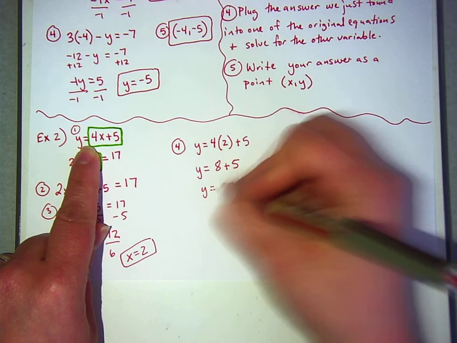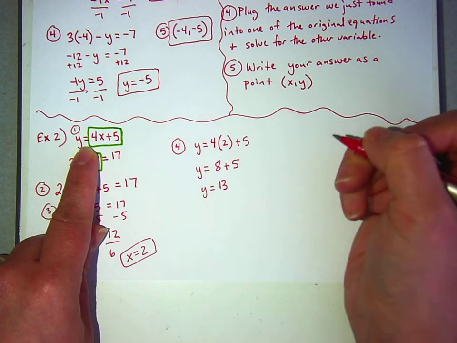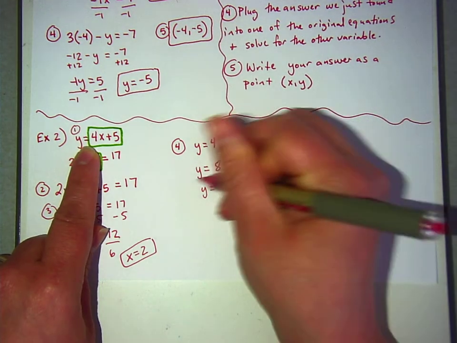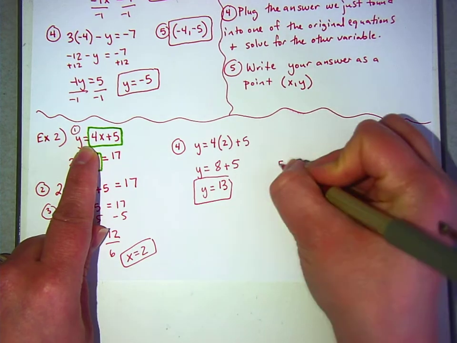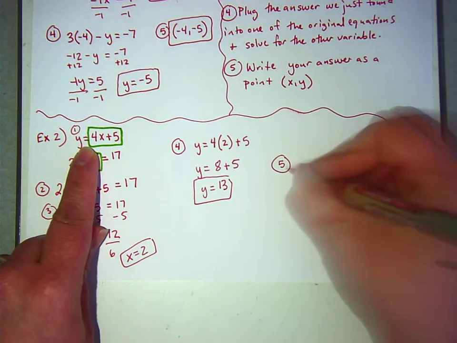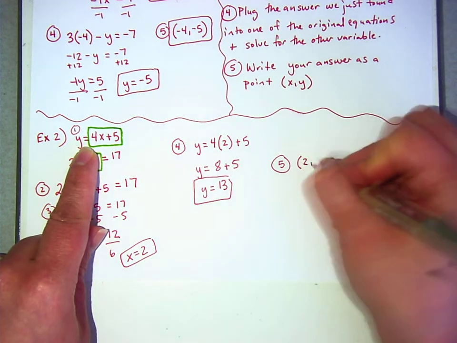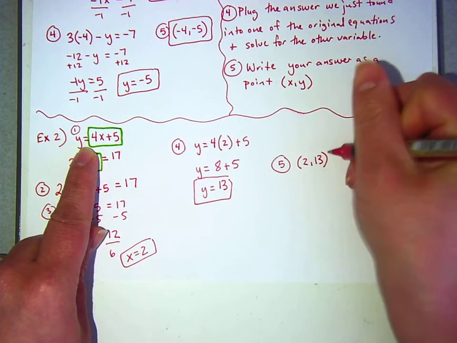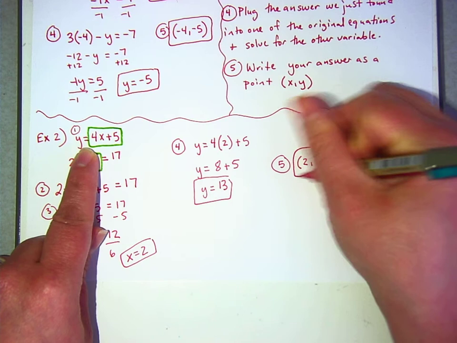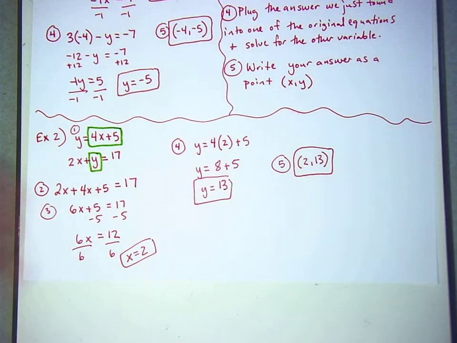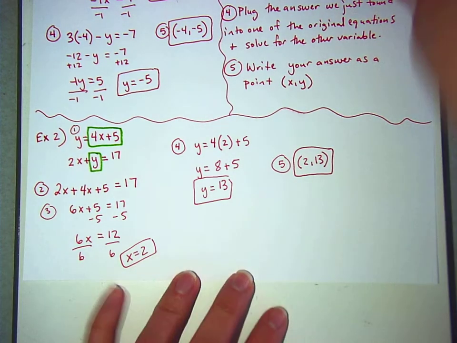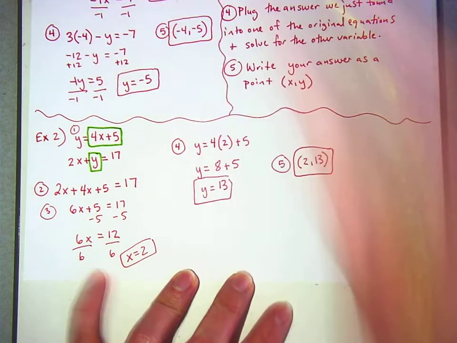Y equals 13. And then what's my final answer? Riley. Good. Why did you put the 2 first? Right, because it's the x, and not because we just solved for it first. Okay, not bad?